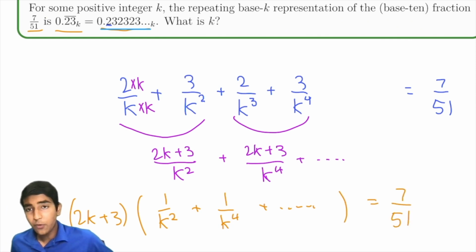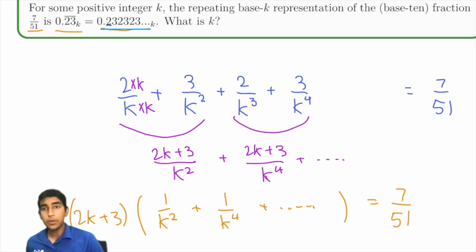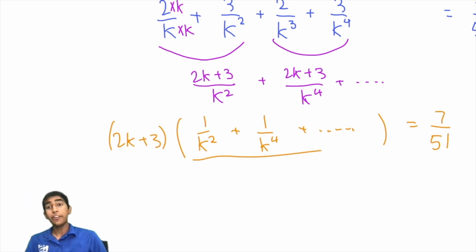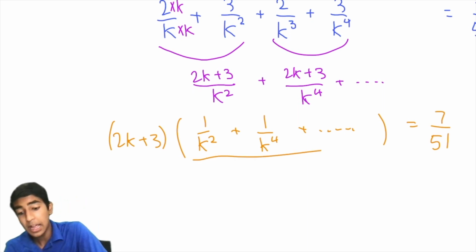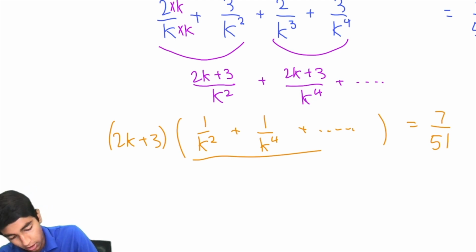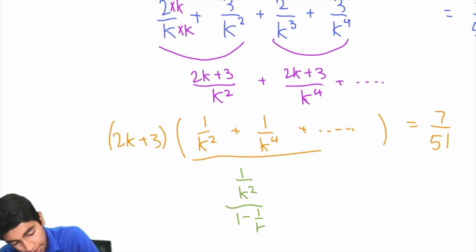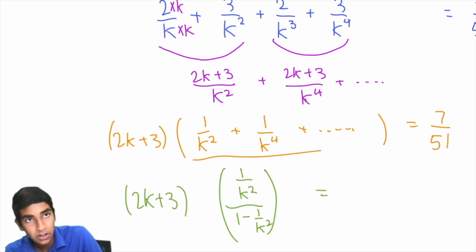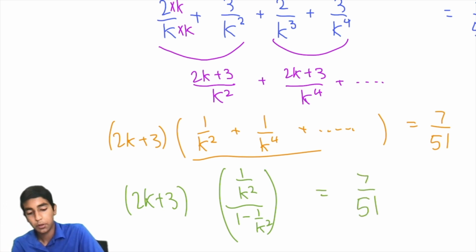If that's 7 over 51, then how do we solve for that in terms of our equation? Well, this is an infinite geometric sequence, and we know the formula for that: a over 1 minus r. So 1 over k squared over 1 minus 1 over k squared, times 2k plus 3, is 7 over 51.